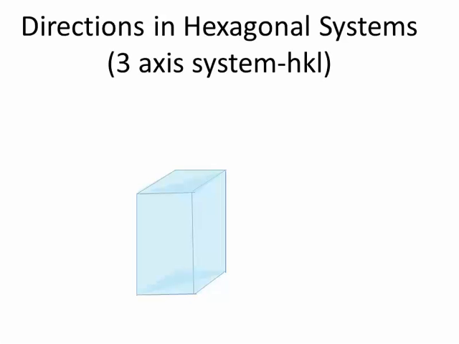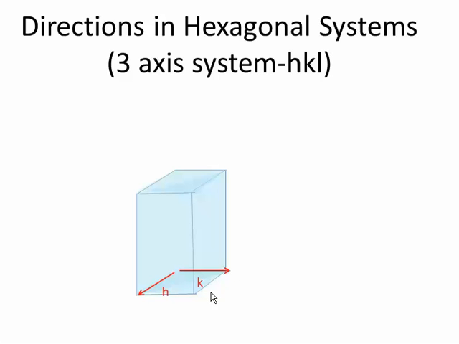Directions in hexagonal systems. We're going to use the three-axis system consisting of the unit vectors H, K, L. Consider the unit cell of the hexagonal system. Along three of the edges, let's define a unit vector called H. Relative to H, going counterclockwise, we have a unit vector along another edge of the cell.